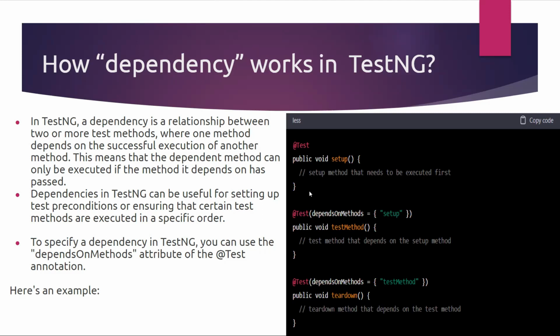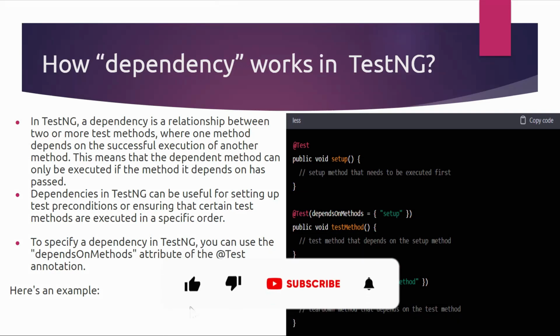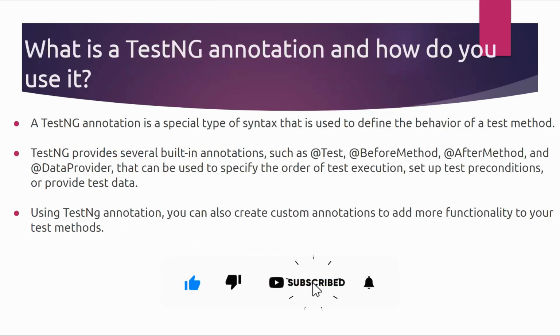If that method passed without any failure, then only you are allowed to move to the next test case. Or else, if that method fails, then the next method will skip by itself. So that's the use of dependency. Dependency basically tells us that the current method is dependent on some particular method.